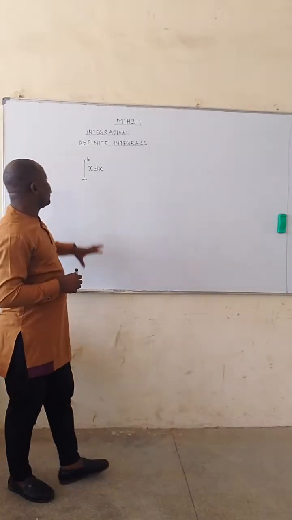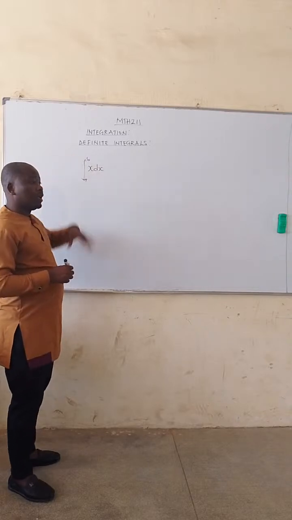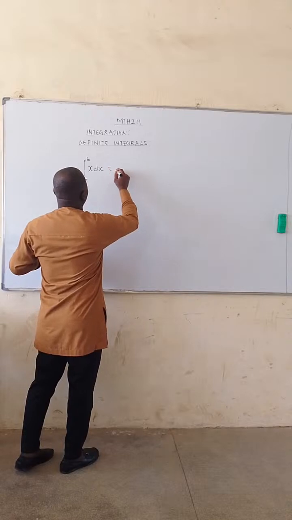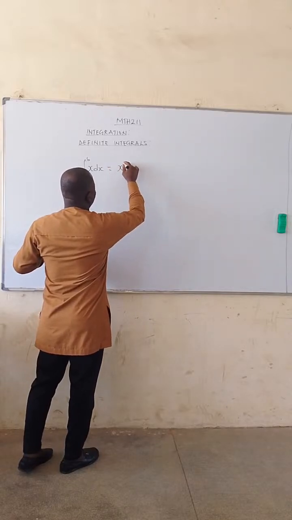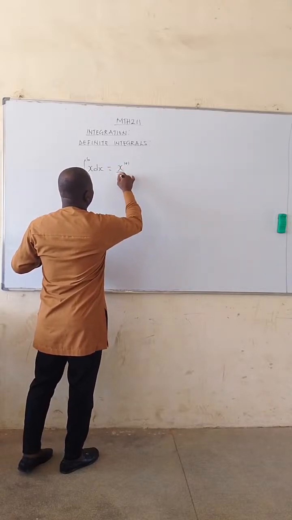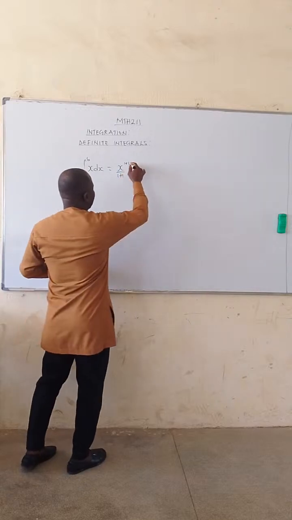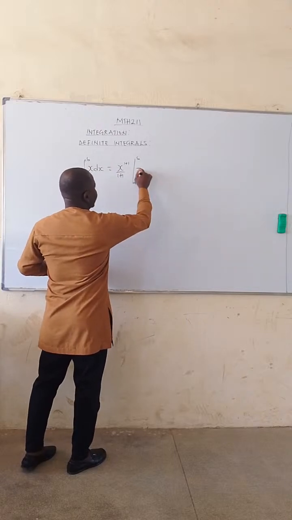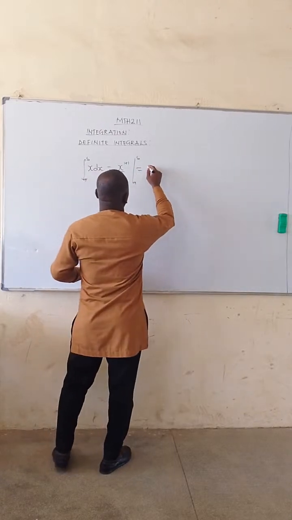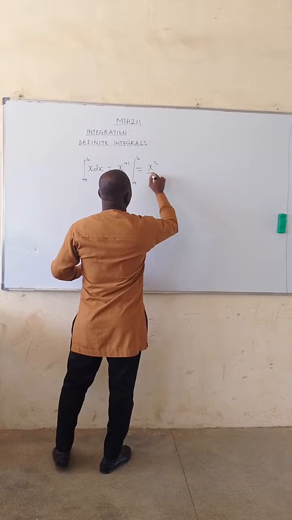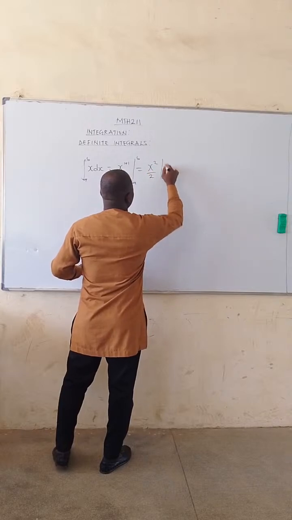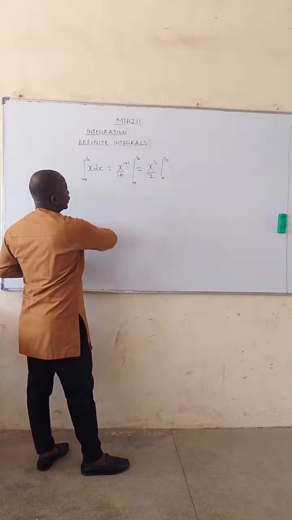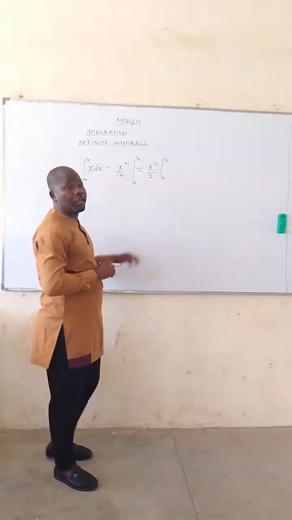So if we integrate this, we are going to have x raised to the power of 1 plus 1 all over 1 plus 1, which is x squared all over 2, from a to b. Isn't it?